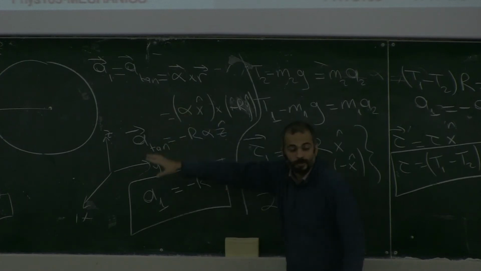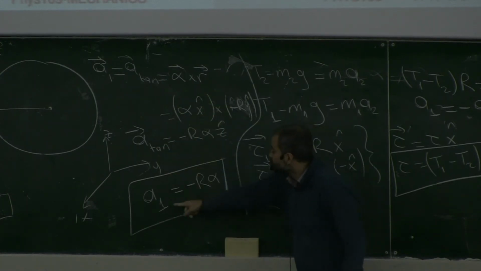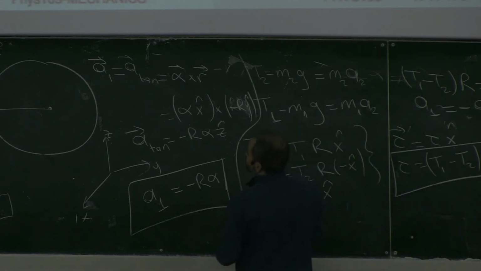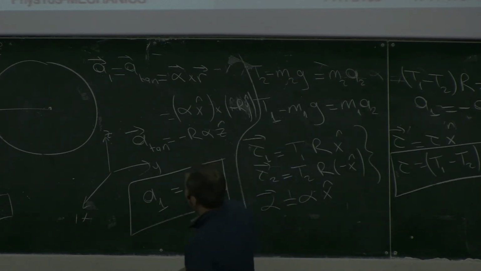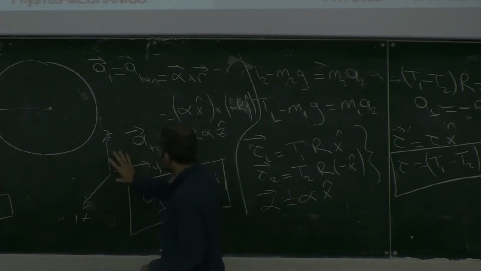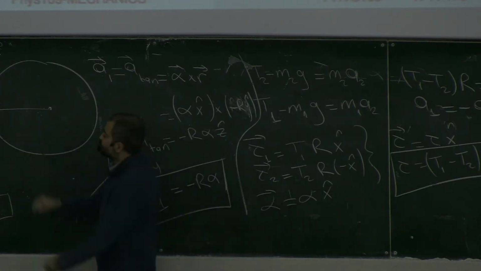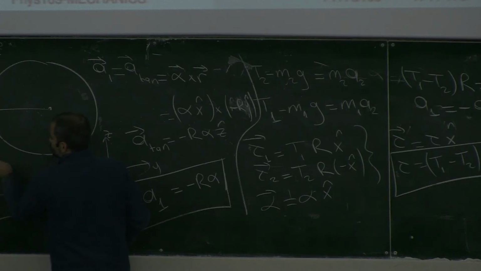Now I will just repeat how we obtain this. a1 is equal to minus R alpha. Well, remember, okay, this is how we chose the coordinate axis. So at this point, I have a downward force with magnitude T1.